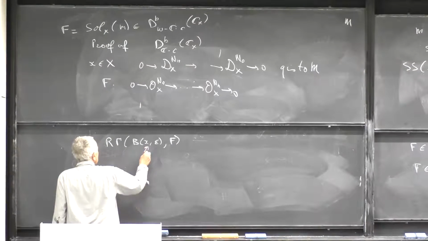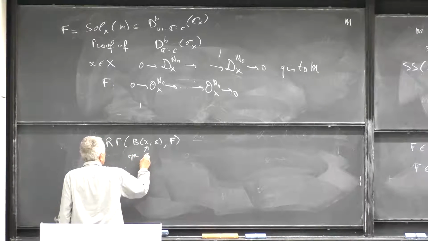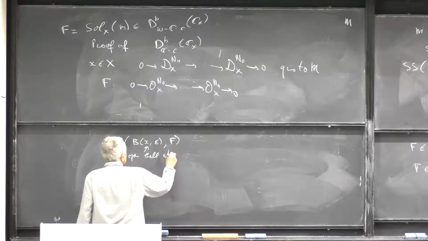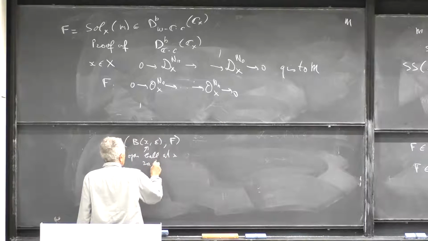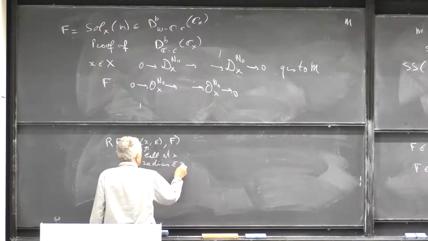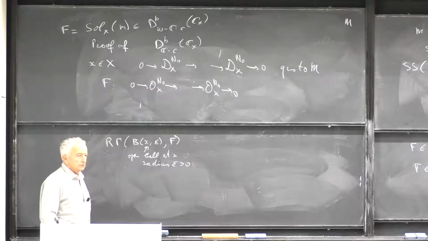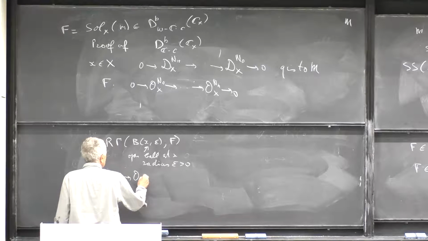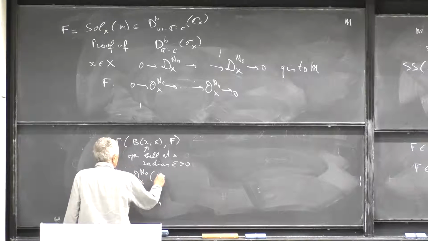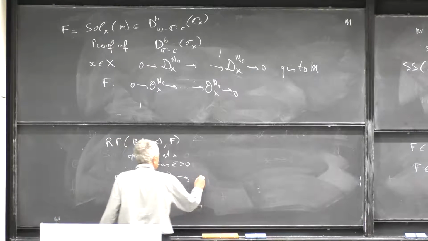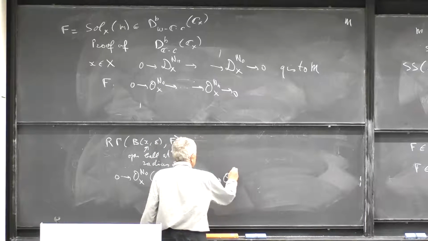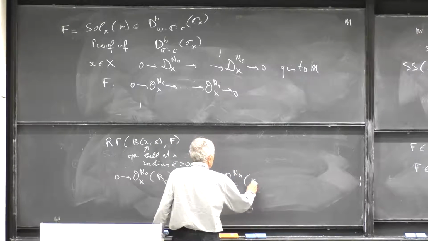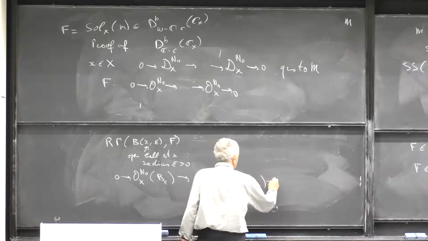This is the open ball at x of radius epsilon in some local chart, of course. Okay? So this is the complex 0, then O_X^{N_0}(B_epsilon), up to O_X^{N_n}(B_epsilon), 0.